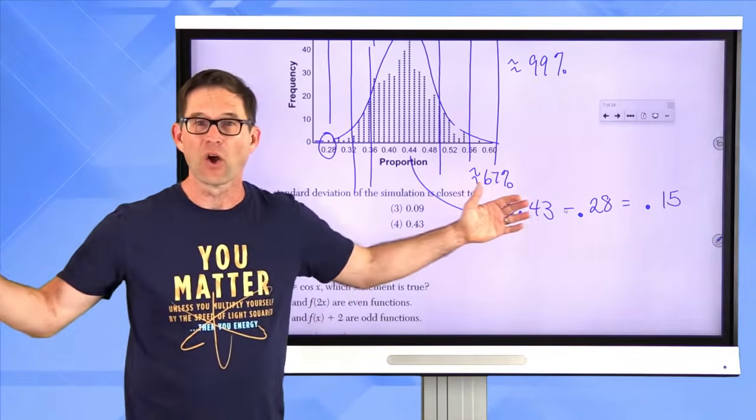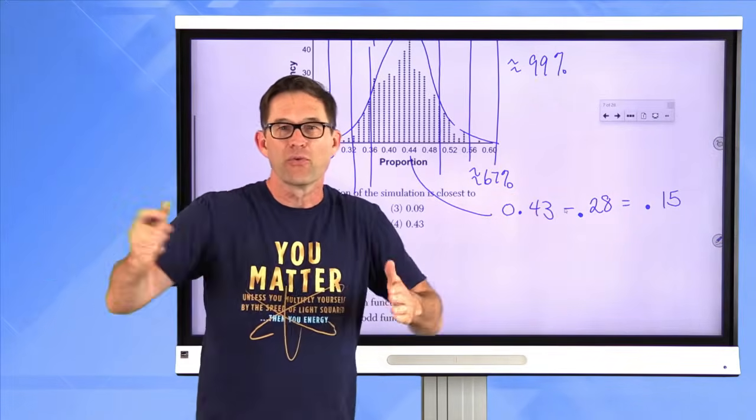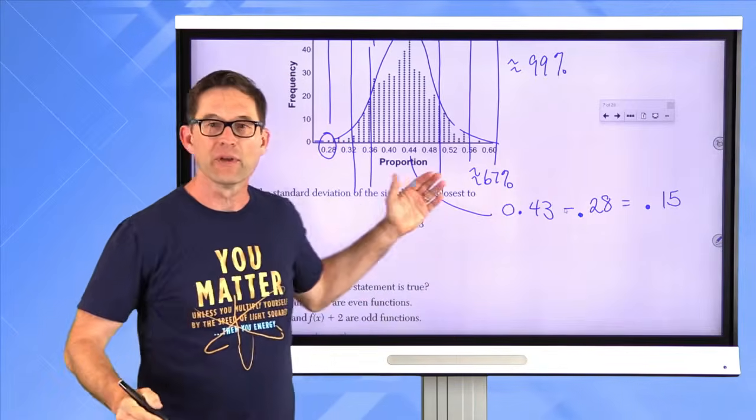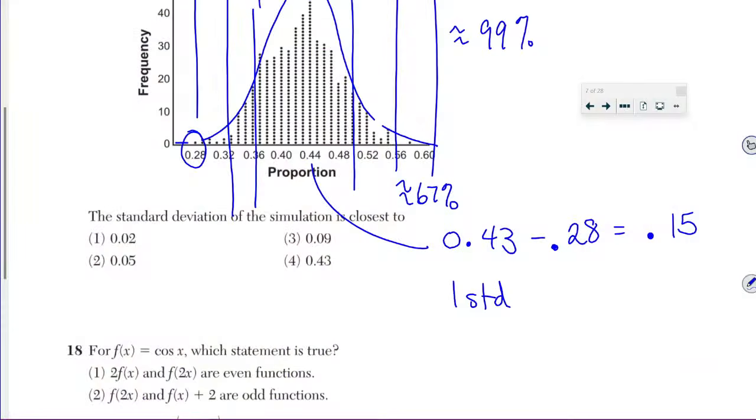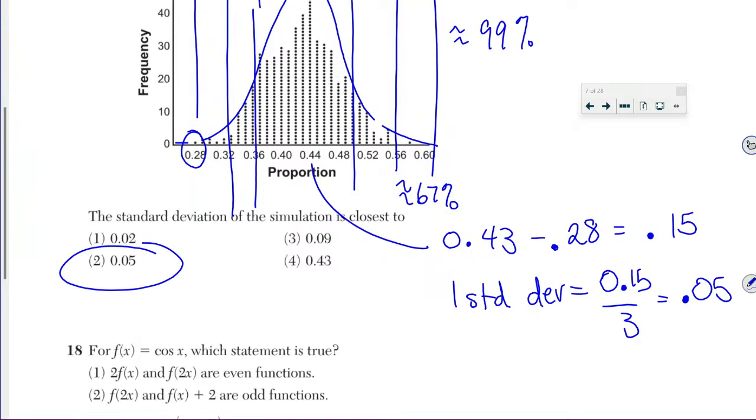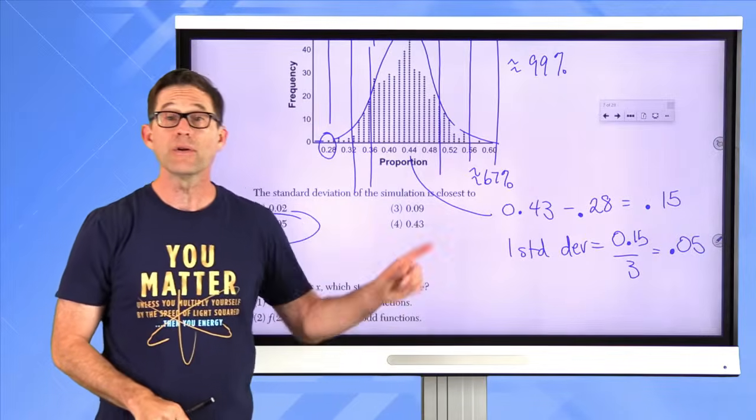Because I should be getting all of my data within 3 standard deviations above and 3 standard deviations below. So 1 standard deviation should be this number divided by 3, and that is 0.05.